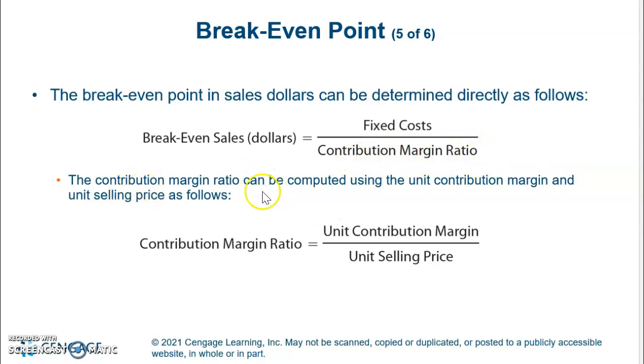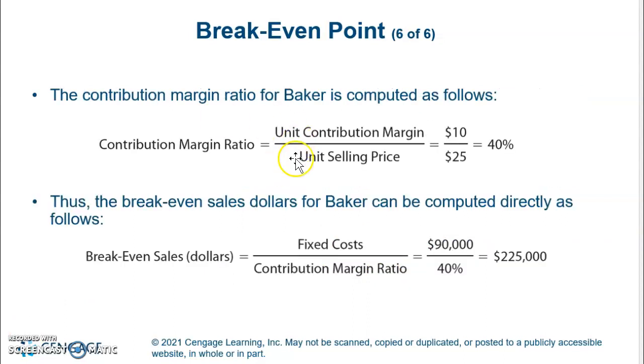And the way you get your contribution margin ratio is you divide your unit contribution margin by your unit selling price. So here, to get the contribution margin ratio, your unit contribution margin was $10 and your unit selling price was $25. So your contribution margin ratio would be 40%.